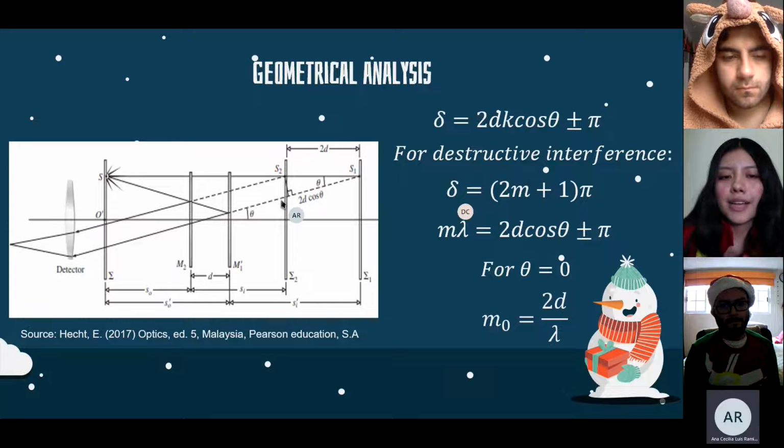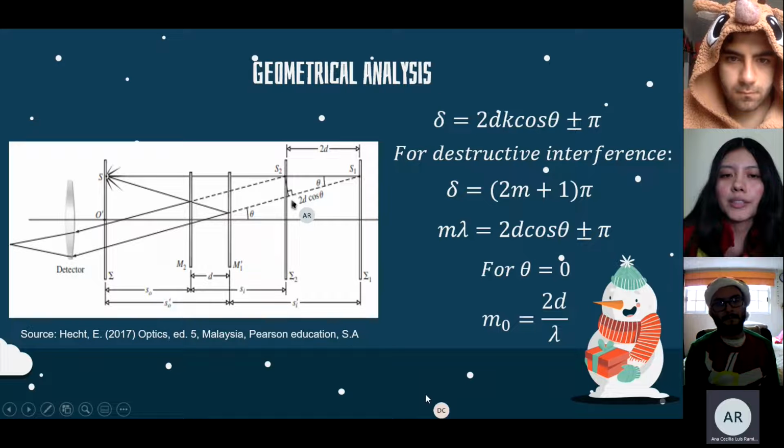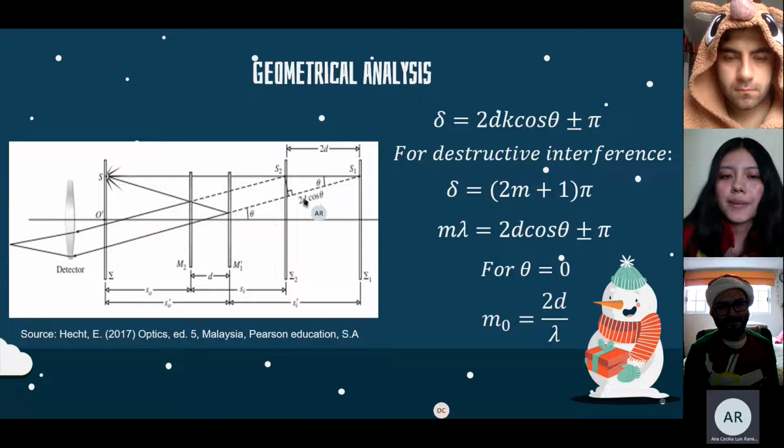And this subtended angle theta is going to be the one that determines the path difference. As we can see from this geometrical analysis, this path difference is going to be approximately 2D times cosine of theta.